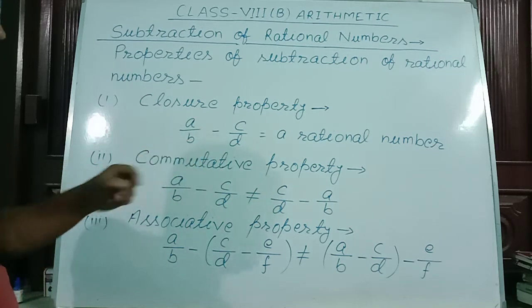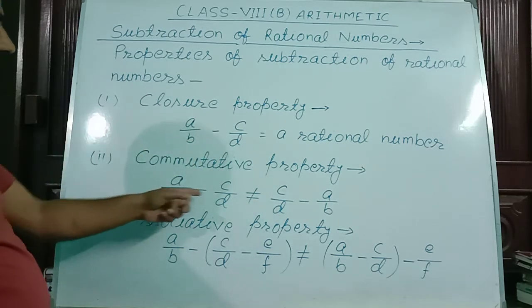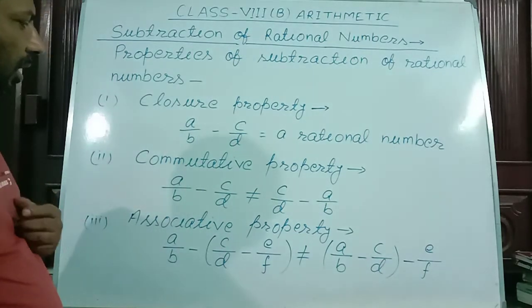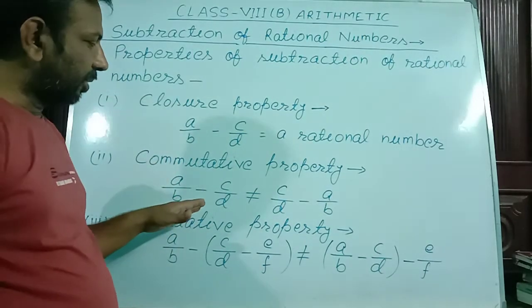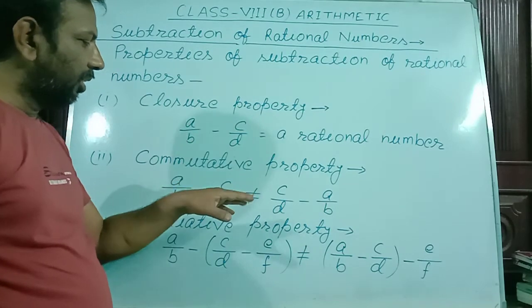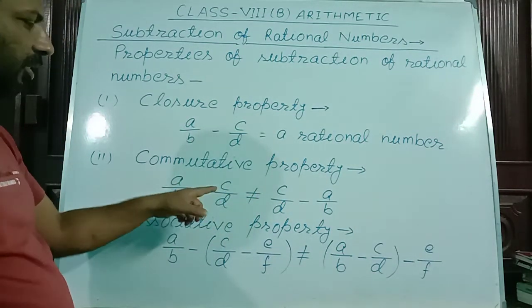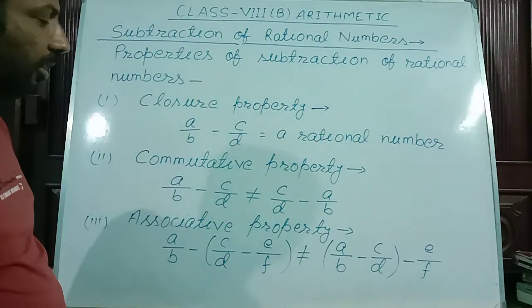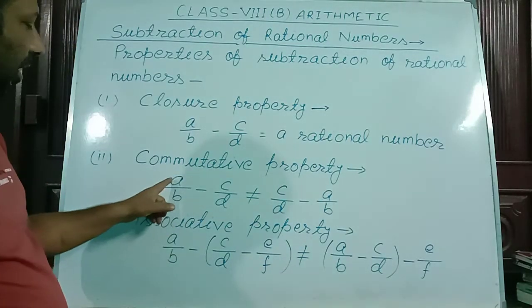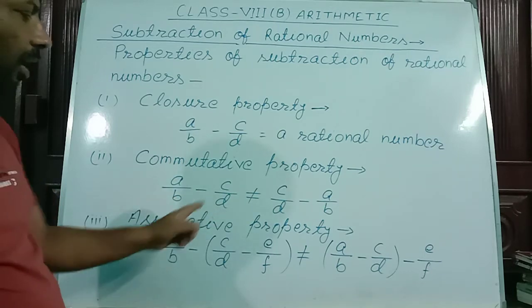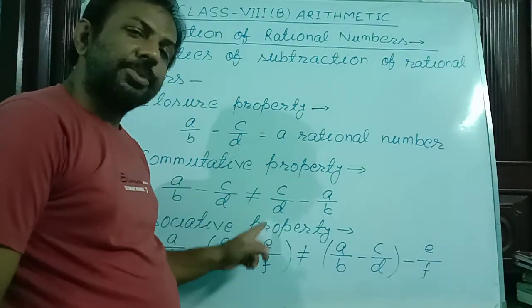Second is the commutative property. If you subtract these two rational numbers, what will be the result? That will not be equal to the subtraction of these rational numbers in the reverse order. The meaning of reverse order is, I have subtracted c by d from a by b, now I am subtracting a by b from c by d.